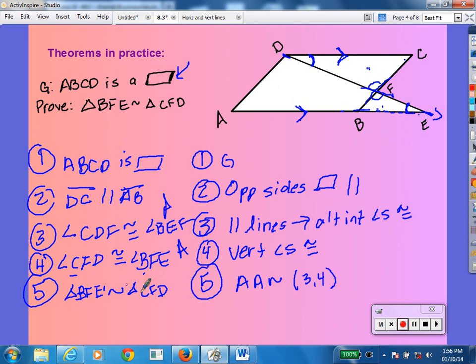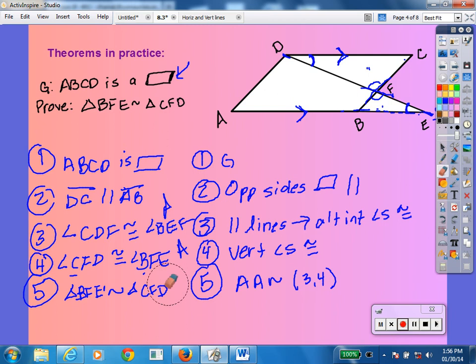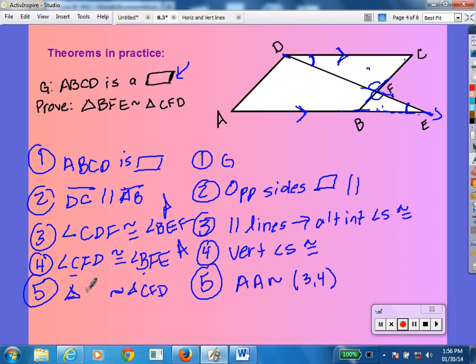Done. Finished. And as I said, you'll be using this one an awful lot. So make sure that you're focused on your new postulates and trying to find the two angles that could possibly help you prove similar figures, okay?